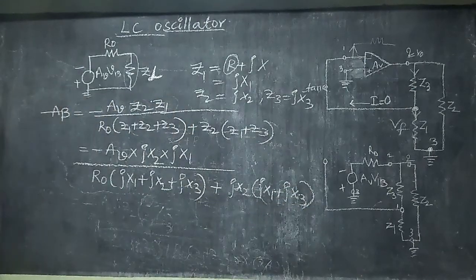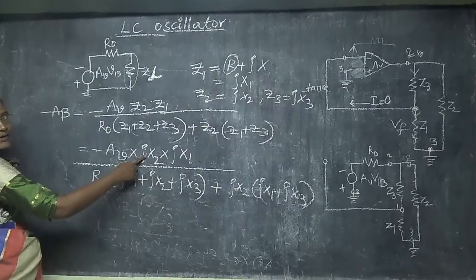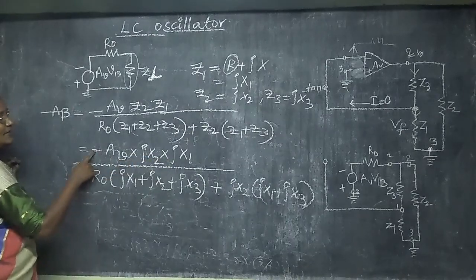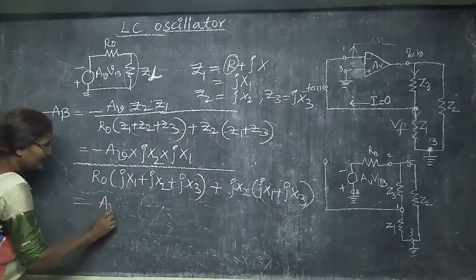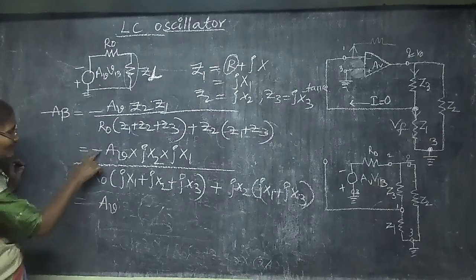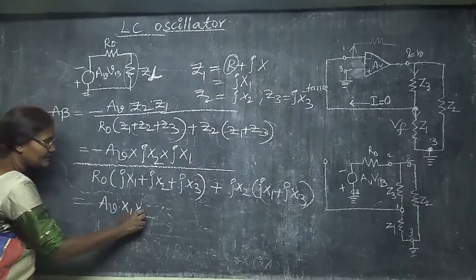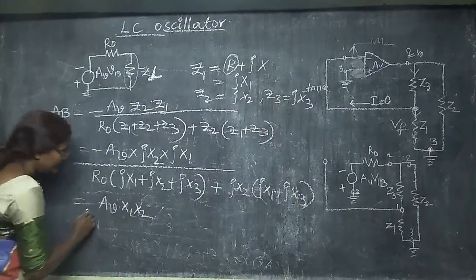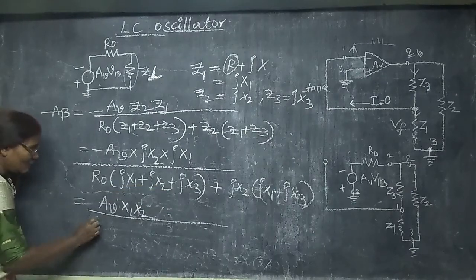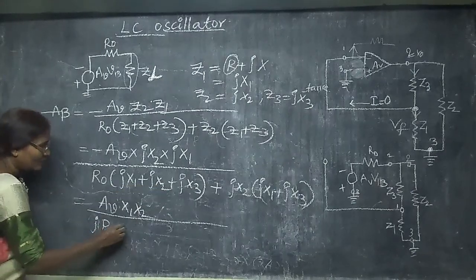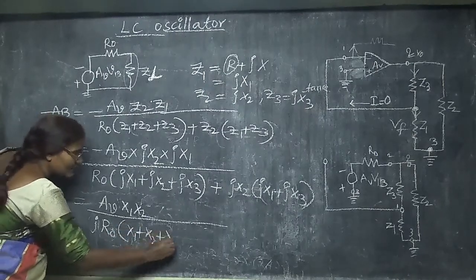Now, j into j is j square, which is minus 1. Minus into minus, plus. So I will get plus A into X1 X2 in the numerator. Next, if I take j as common, I get j R0 into X1 plus X2 plus X3.